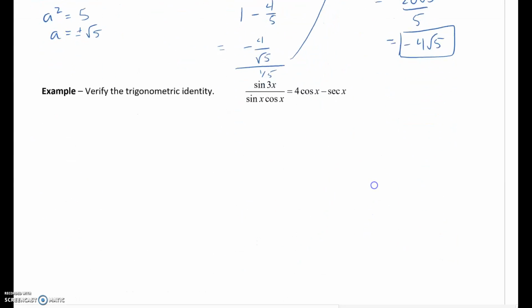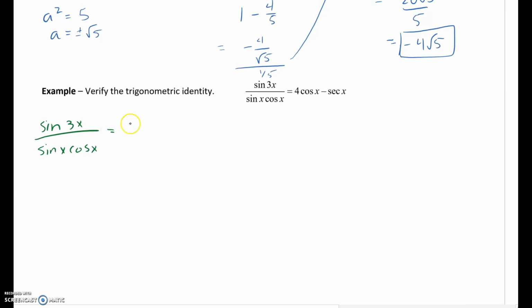Okay, the next one we're going to do a verification. Sine 3x over sine x cosine x is 4 cosine x minus secant x. So I'm going to start with the left side on this verification. I have sine 3x over sine x cosine x equals.